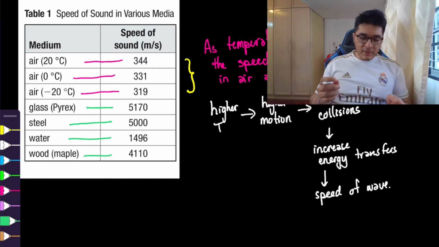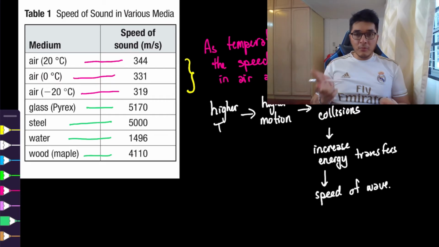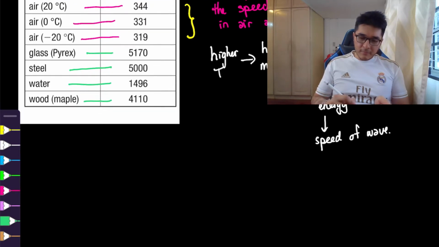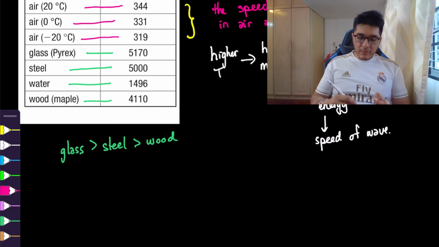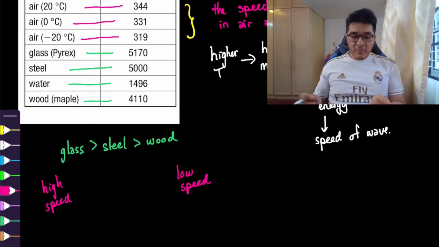So maybe if we consider only glass, steel, and wood, glass is higher than steel, higher than wood. By higher, I mean that the speed is higher. So let's have high speed, low speed. So why does this happen?